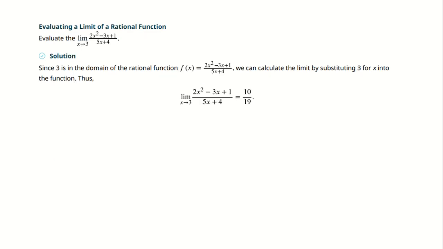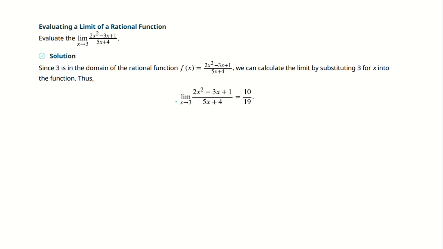Here is another one, that is a rational function. Here also we can apply limits directly. So you don't need to apply the quotient law we have here.